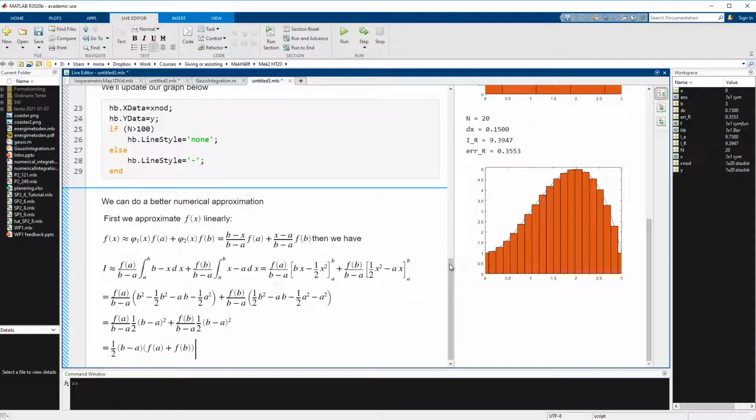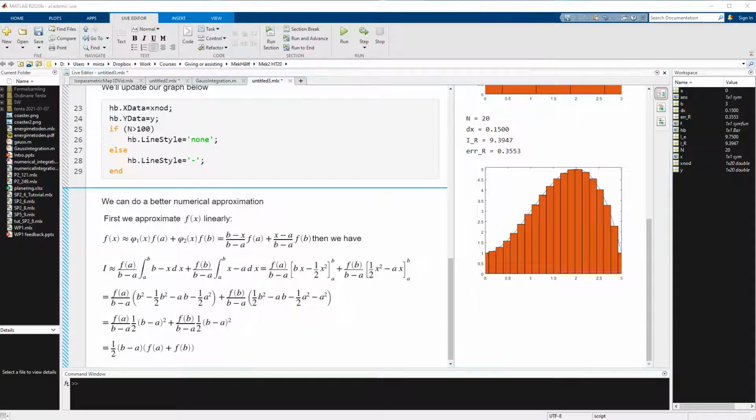So this is our whole complete region from 0 to 3 in this case here. And then we have half of that. So we're basically looking at the midpoint. So we have the midpoint, and then we multiply the midpoint by what? Well, our evaluations at the end and the beginning here. So this is what we get using a linear interpolation.